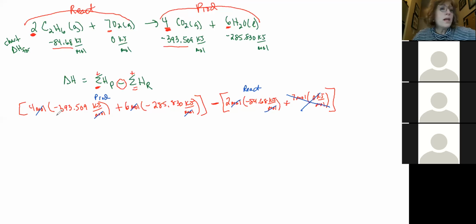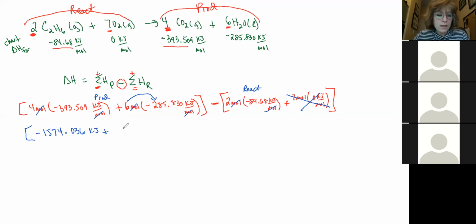Multiply 4 times a negative 393.509. Negative 393.509 times 4. So this would be negative 1574.036 kilojoules plus 6 times this number, 6 times a negative 285.830.